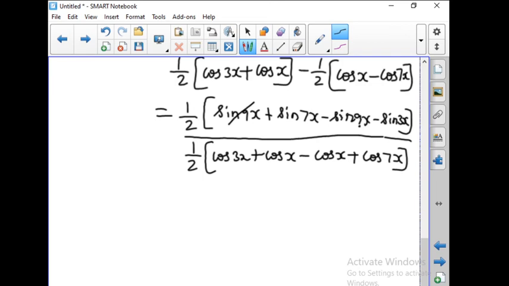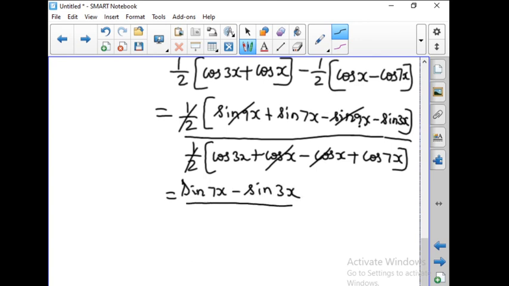Okay, we can cancel this, and here we can cancel this. And 1 by 2 will get cancelled. So your answer is sin 7x minus sin 3x divided by cos 3x plus cos 7x.